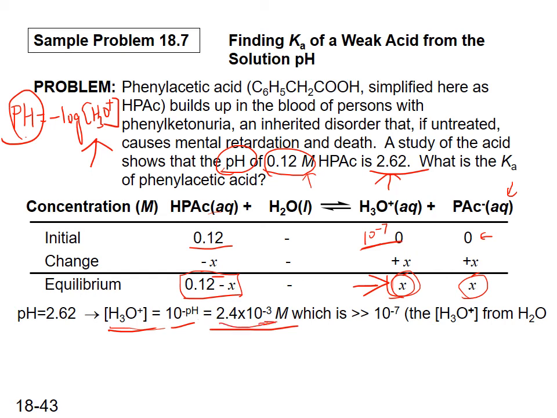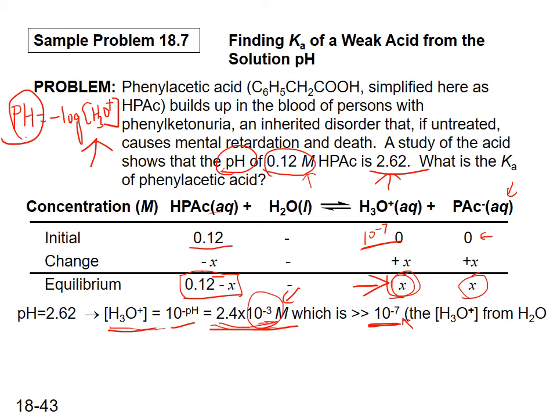Also note that the concentration is 10 to the minus 3, which is much greater than 10 to the minus 7, which is from autoionization of water. So our assumption is justified because autoionization is so small compared to our calculated hydronium ion concentration.